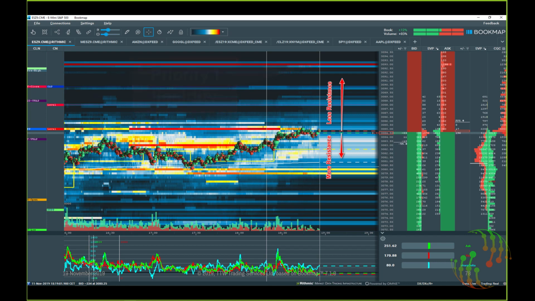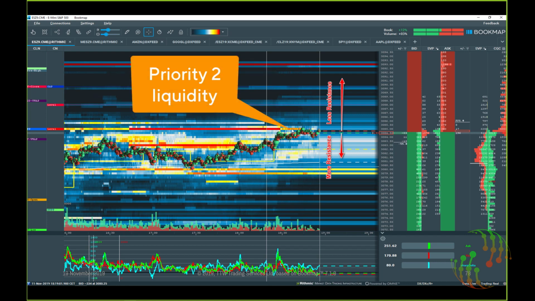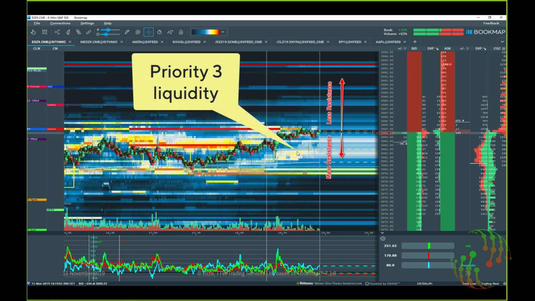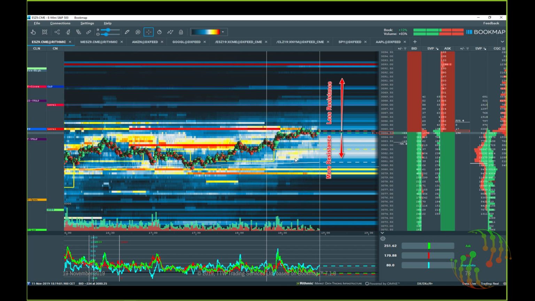Then we have the second one, the orange one, which is mid-term volume, and the lowest is the yellow white. So we can make a structure of them, and that means when I'm looking at this picture, then I have my targets here, here, and here.